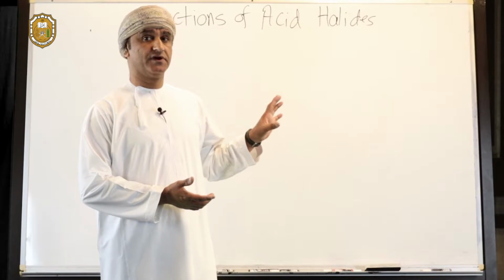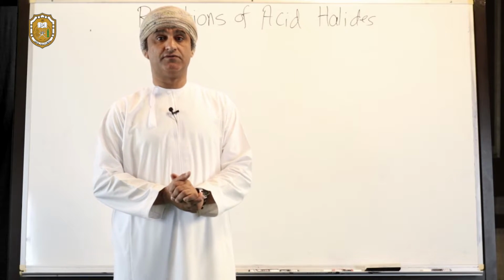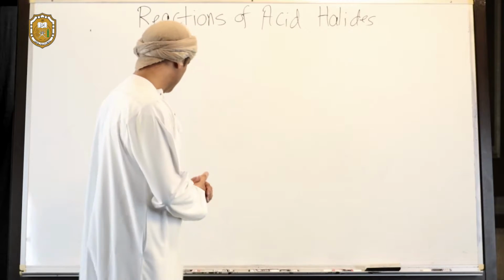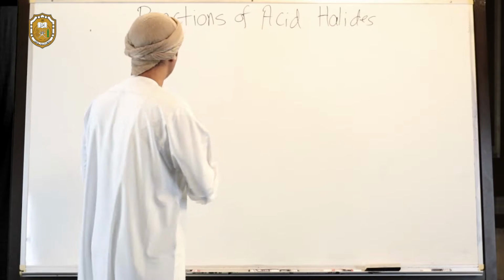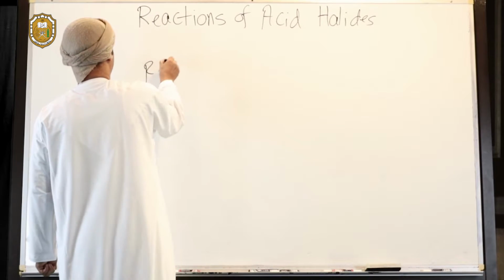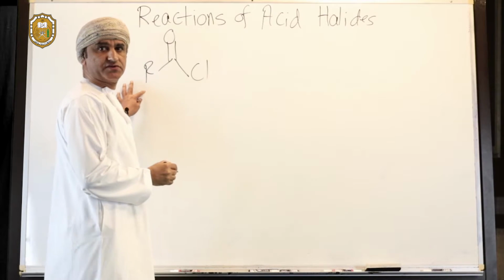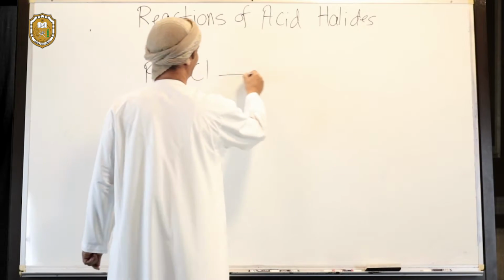Let's take the first reaction, which is conversion of an acid chloride into an acid anhydride. Let's draw the general scheme for this reaction. So this is an acid chloride. That's a general structure for an acid chloride.